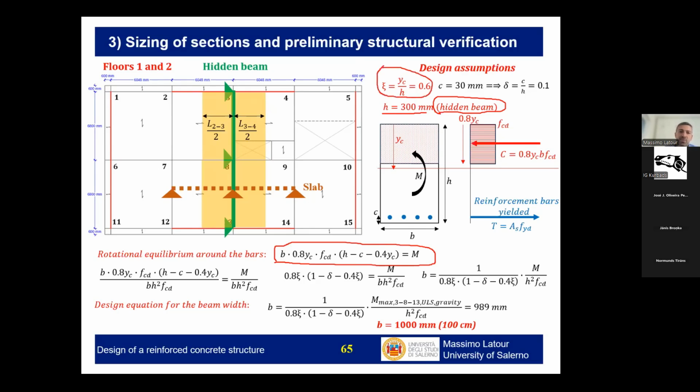In this example, since this is not part of the primary framing, we have assumed a non-dimensional neutral axis equal to 0.6. So basically, the width of this secondary beam, which is a hidden beam, is 1 meter. So it's 30 centimeters by 1 meter.